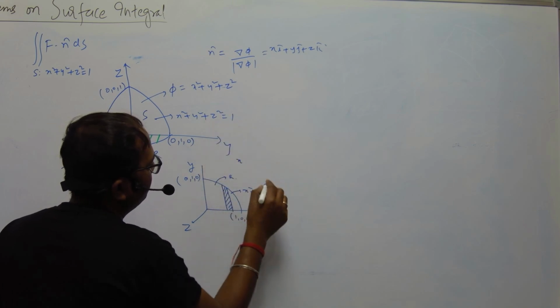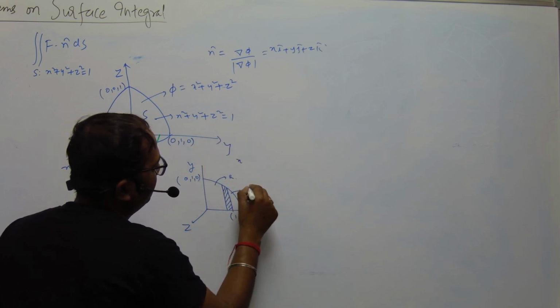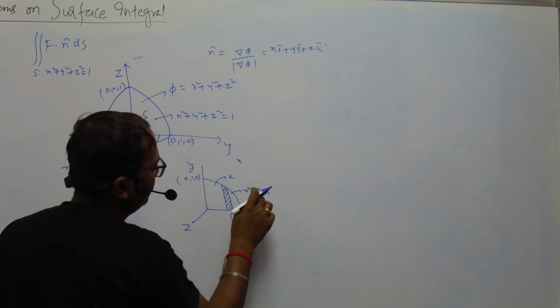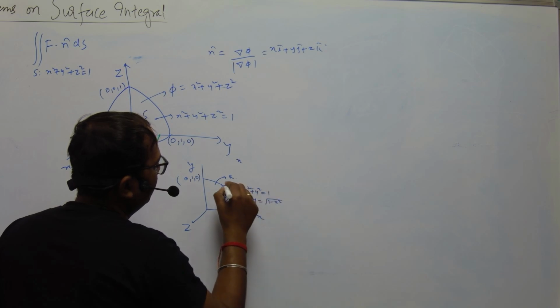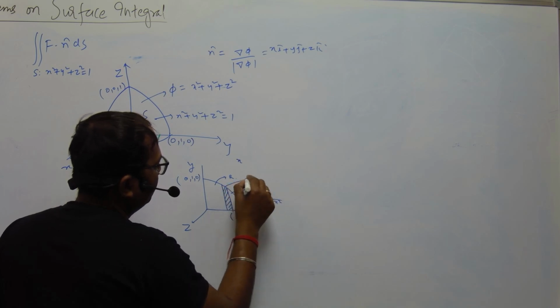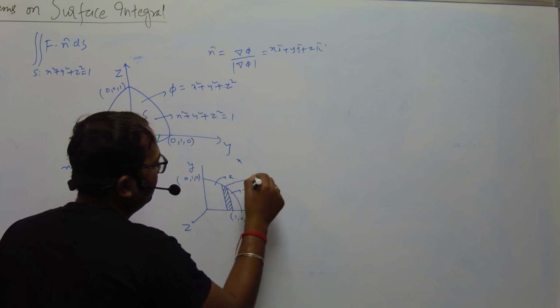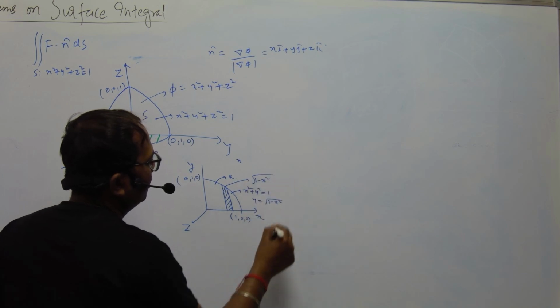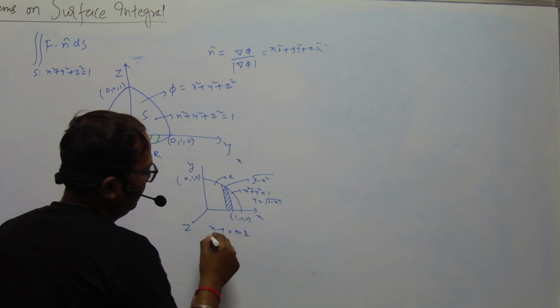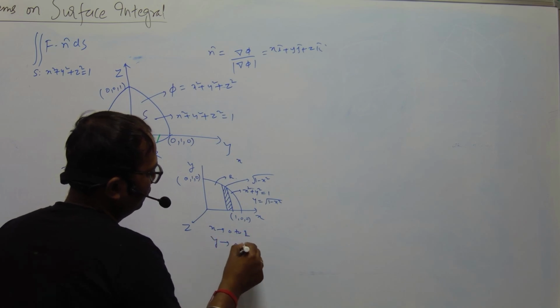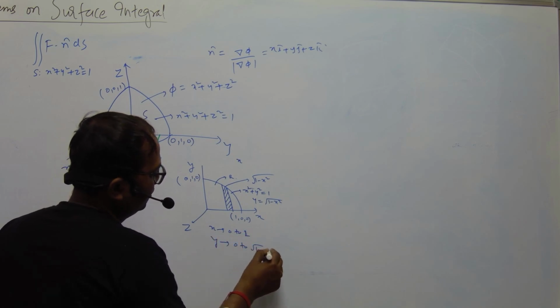Since z is equal to 0, x square plus y square is equal to 1. So from here the value of y will be square root of 1 minus x square. So x varies from 0 to 1, y varies from 0 to under root 1 minus x square.